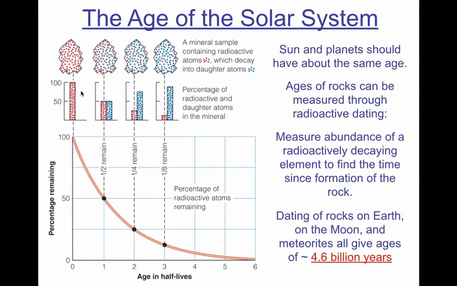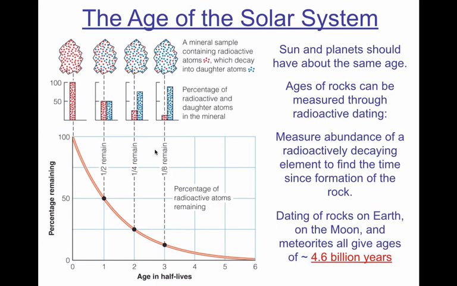Over another amount of time, another half will turn into that daughter compound, and so on and so forth. This amount of time for half of the original material to turn into the resultant material is what's called a half-life.